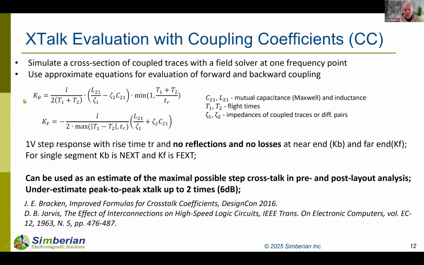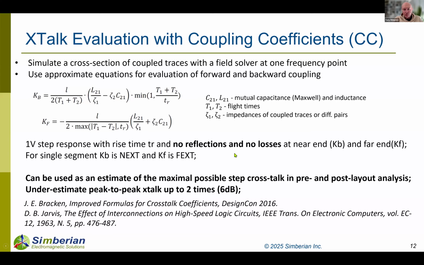The backward coupling coefficient reaches its maximum when the electrical length of a line is half of the rise time. So basically capacitive and inductive coupling define those backward and forward coupling coefficients.